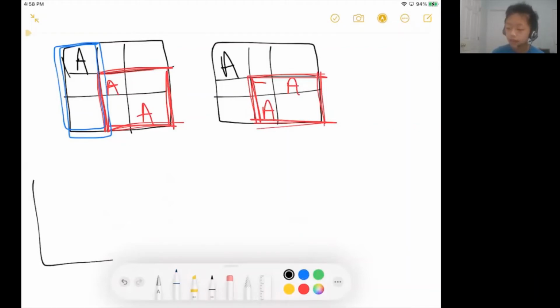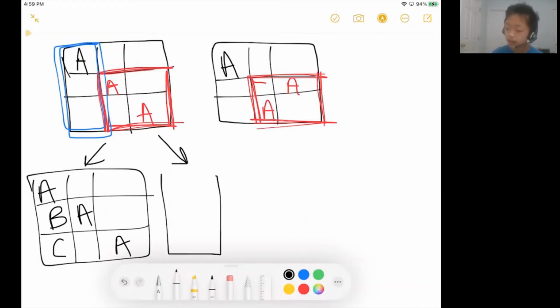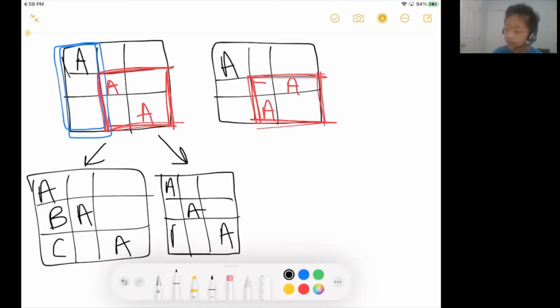The first case is if you have A, B, C. The second possibility is if you have A, C, B like this, right? Both of these work. In the first case, we have 1 A, 1 B, 1 C in the first column. In the second case, we also have 1 A, 1 B, 1 C in the first column.